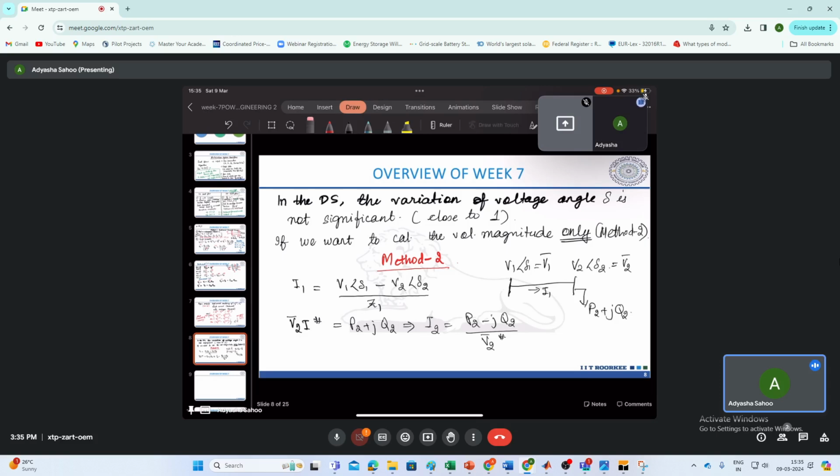This is equation 1. So we will equate these two equations, equation 1 and equation 2.